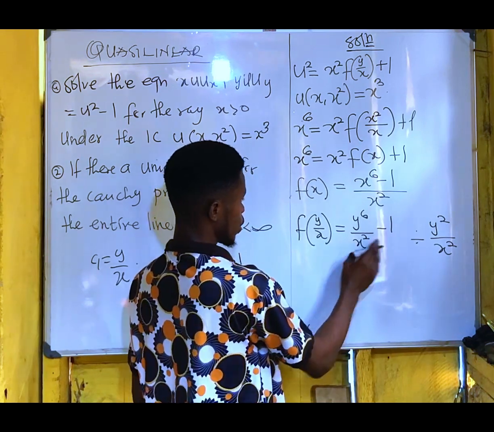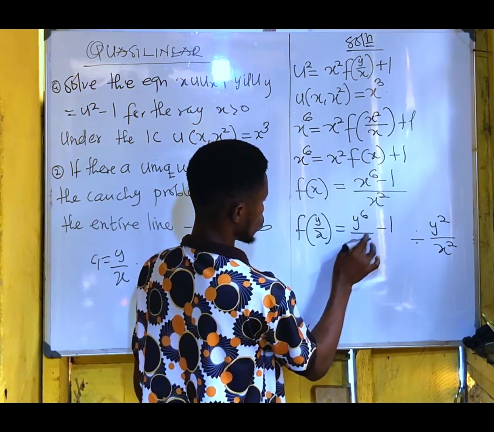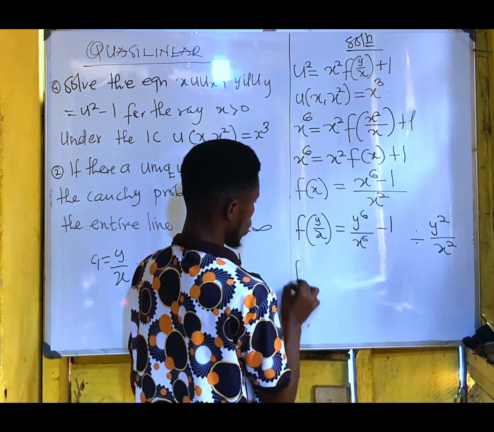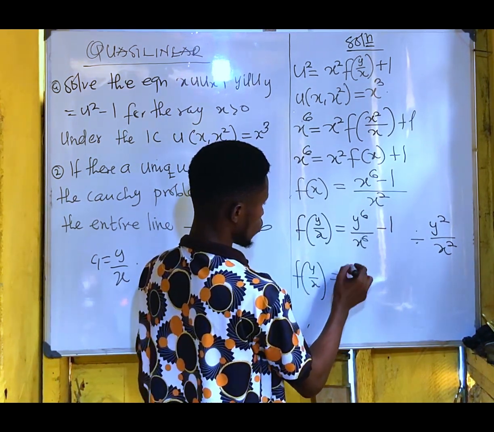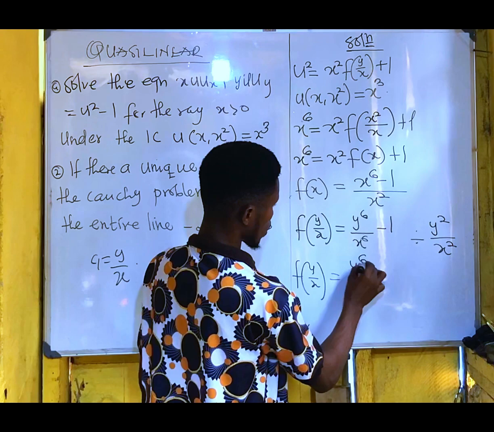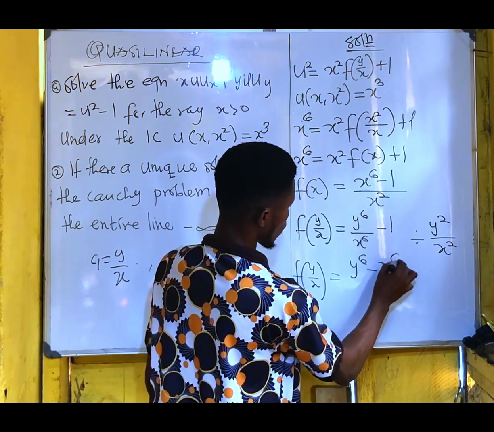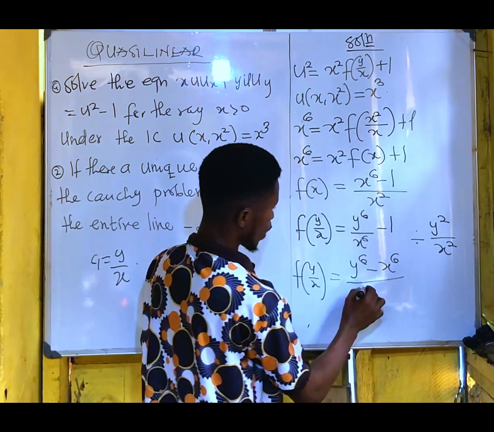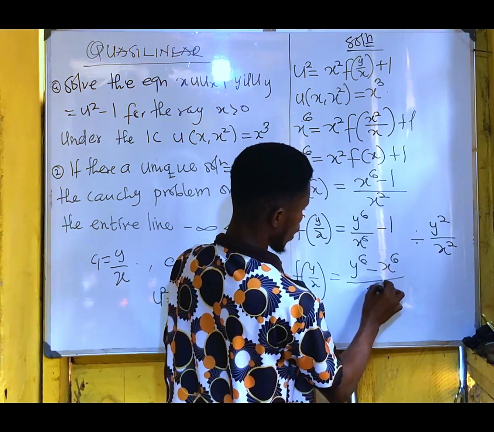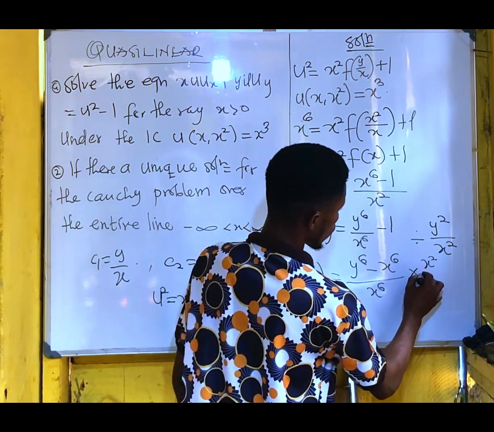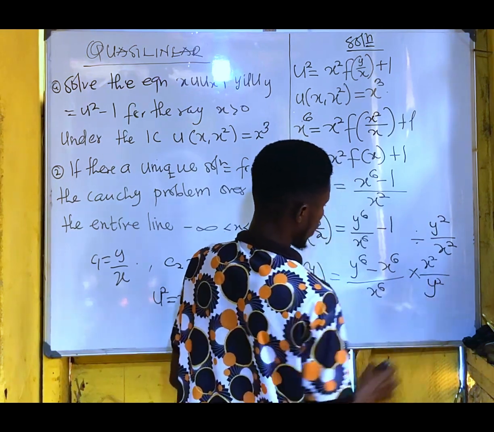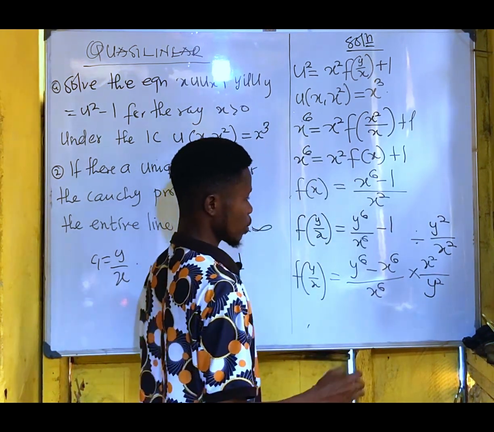Now here, if you find the LCM, you know what you are going to get. So f of y over x will be, LCM will be y to the power 6 minus x to the power 6, all divided by x to the power 6, times x squared over y squared. Is that okay?